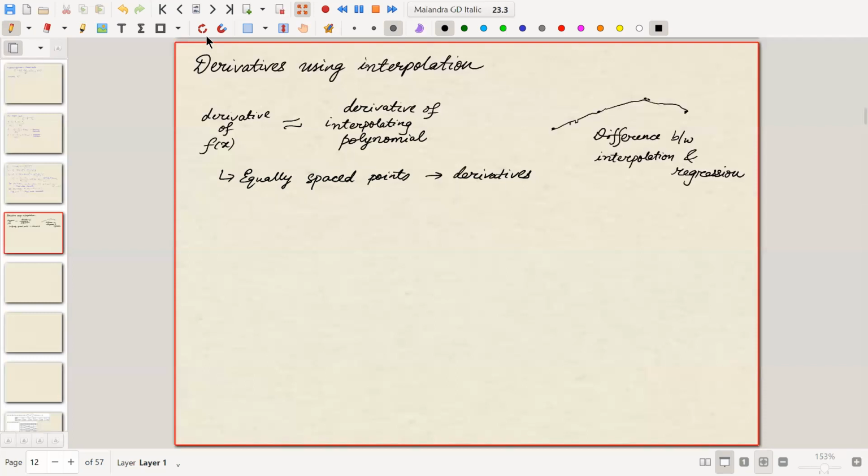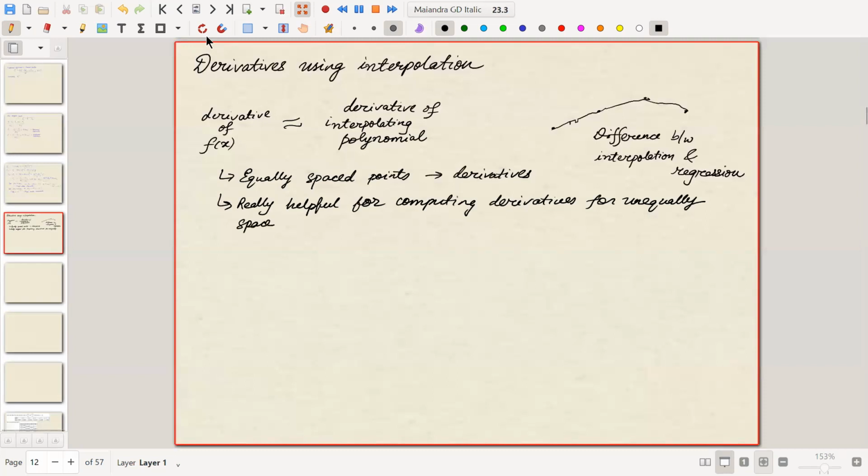Now this method of interpolation can be really helpful for computing derivatives for unequally spaced points. The idea is simple.